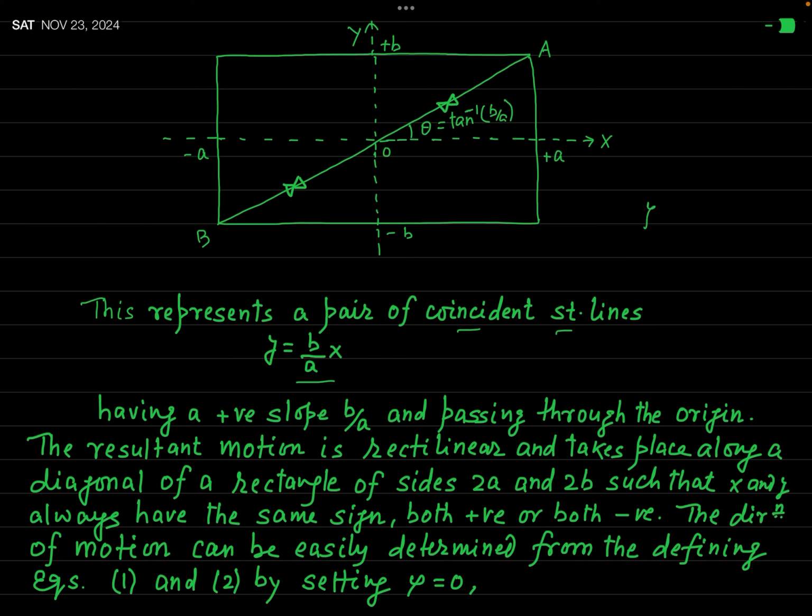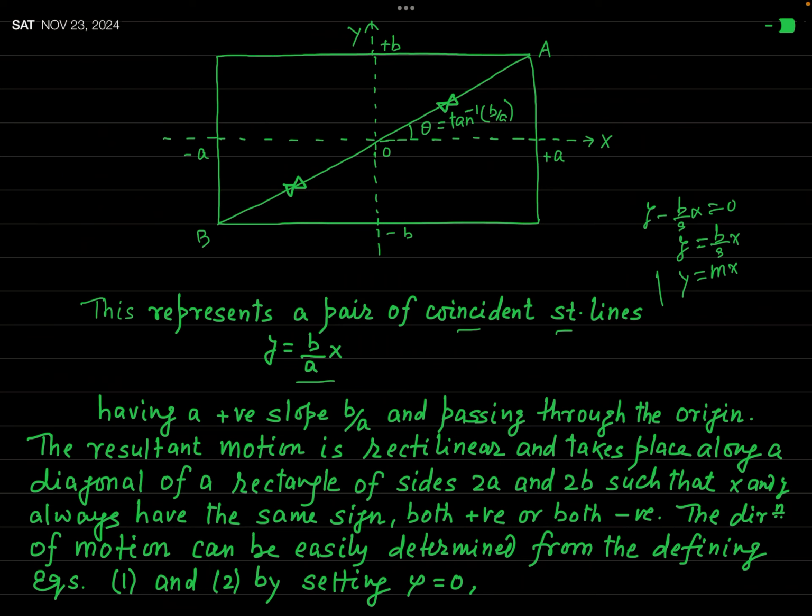Because y minus b over a x will be 0, so y is equal to b over a times x. This is the equation of a straight line passing through the origin, in the form y equal to mx.